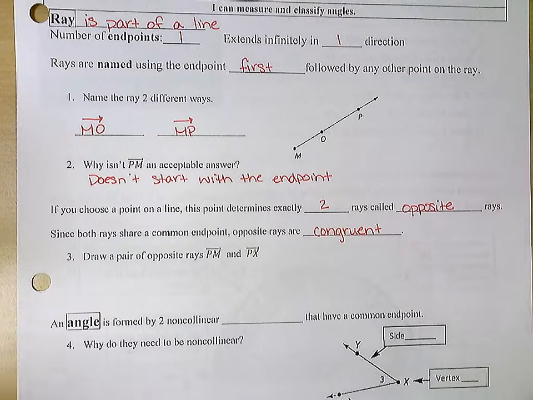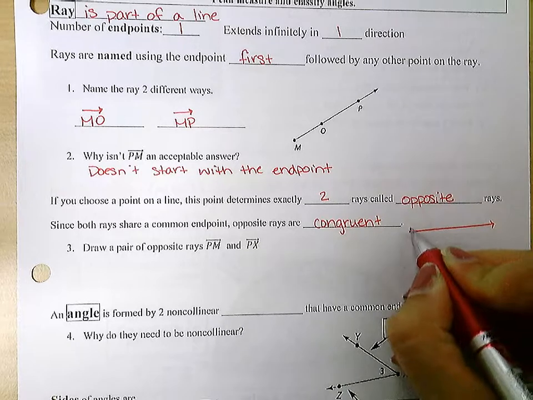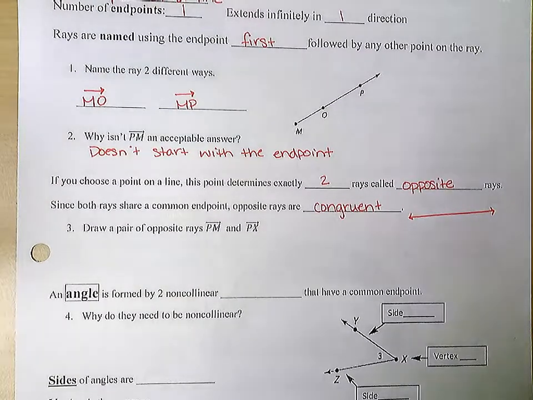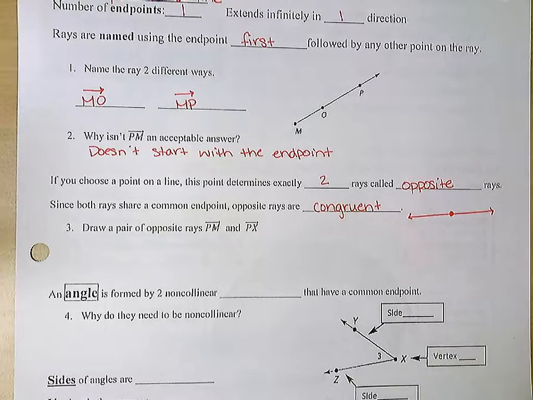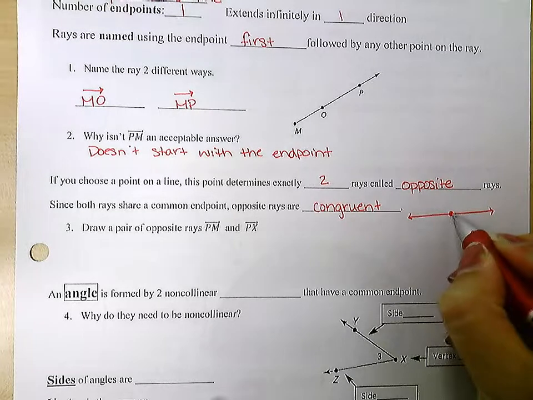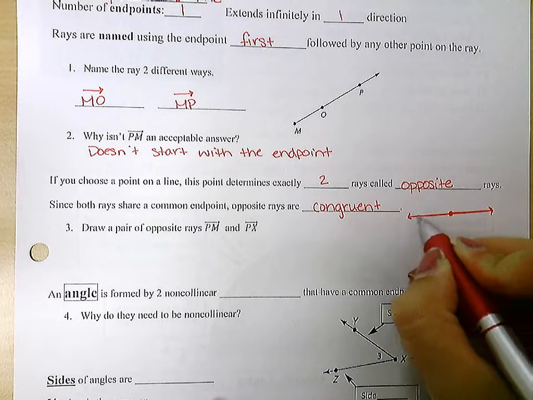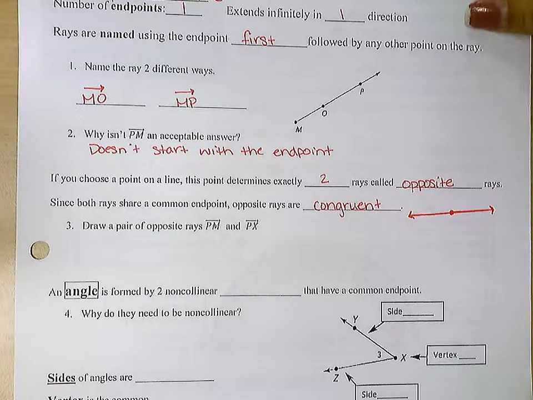What it's talking about is if I have a line and I just pick a point on that line, that determines two opposite rays. I have one ray going to the right here and another ray going to the left here. Those opposite rays form a line.